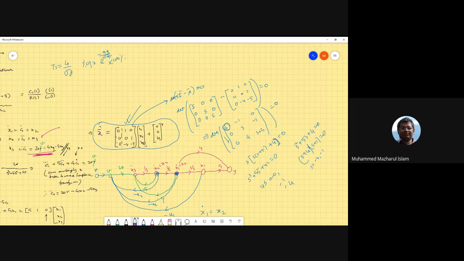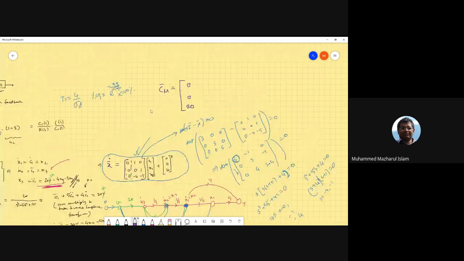So let's calculate the controllability matrix for this system. We need B first. That was 0, 0, 20. And then we need A times B. We have to do the rough work somewhere else.